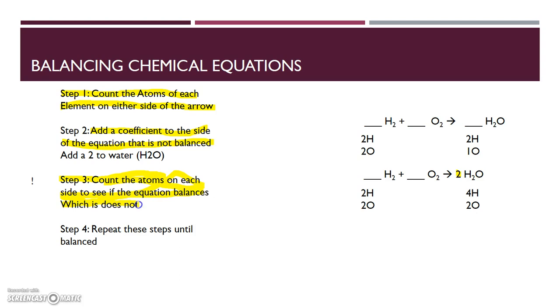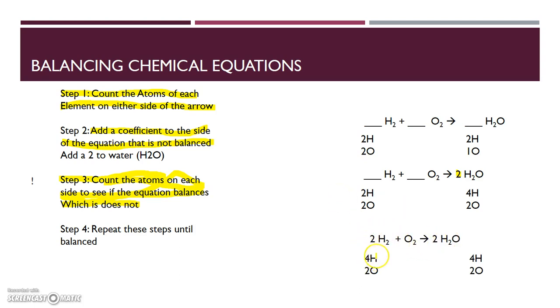Which it doesn't, because now although we balanced our 2 oxygens, now we have 2 hydrogens here. See, we still have H2. But now we have 2 water molecules. So we have to multiply the H2 here by 2. So we have 4 hydrogens. How do we fix that? Well, you can put a 2 next to the H2.